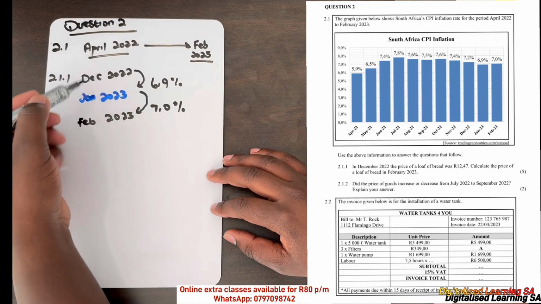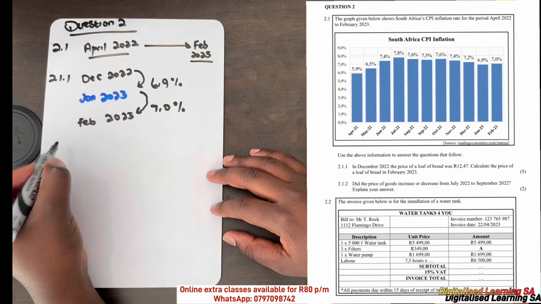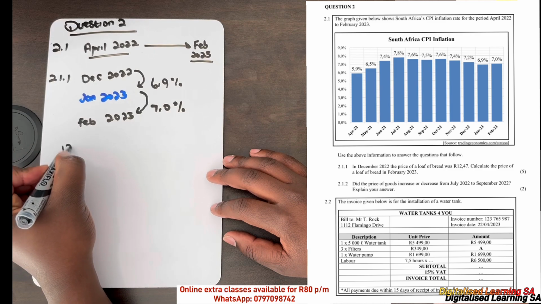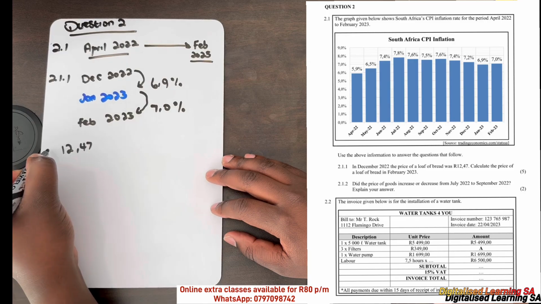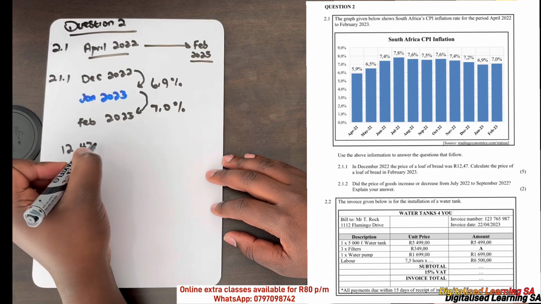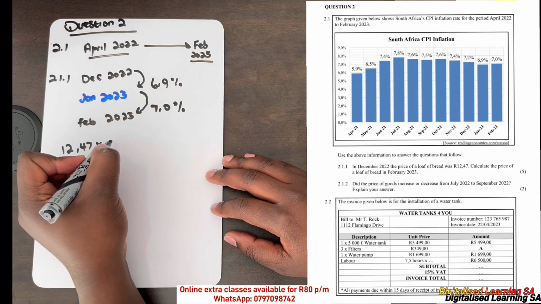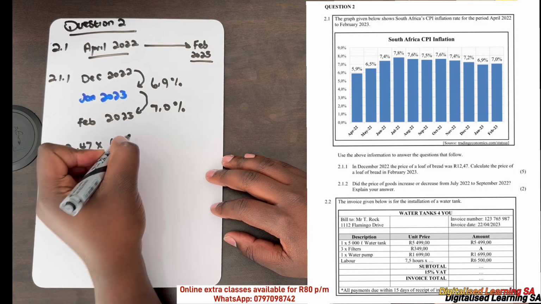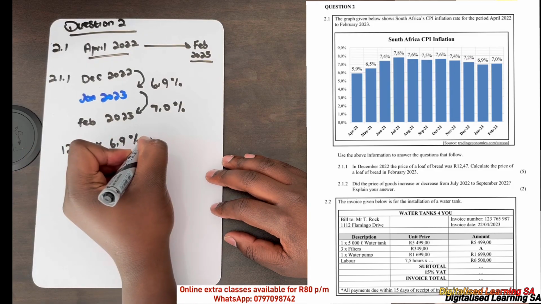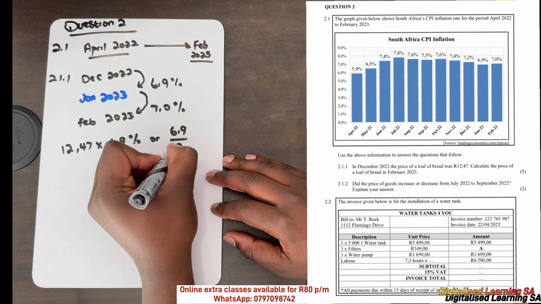From December to January it increased by 6.9%. We are told that the loaf of bread is 12 rand 47 cent, so we multiply by the percentage increase. We can say 6.9%, or 6.9 divided by 100.